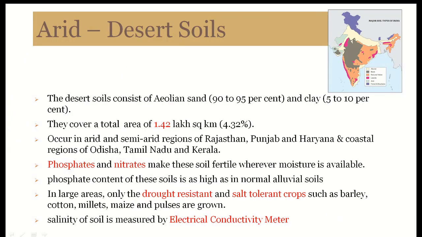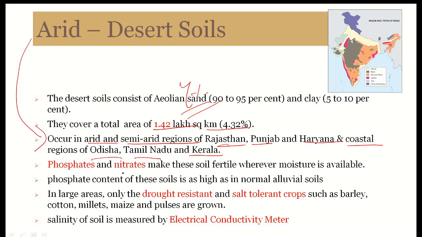Next is arid and desert soil. This soil covers 1.42 lakh square kilometers, that is 4%, and it is found in arid and semi-arid regions like Rajasthan, Punjab, Haryana and the coastal regions of Odisha, Tamil Nadu and Kerala. This soil has phosphates and nitrites like alluvial soil.